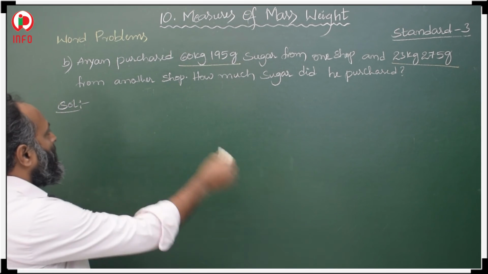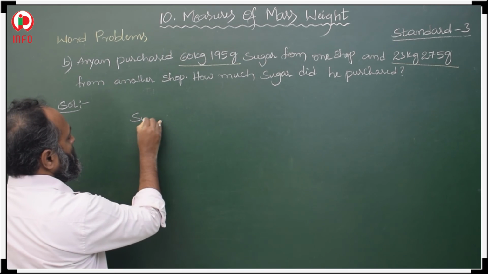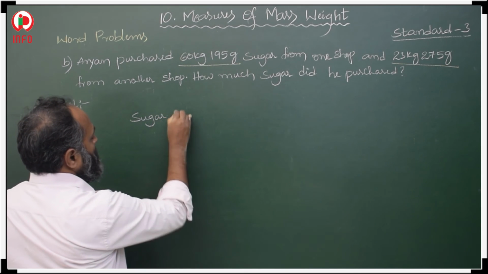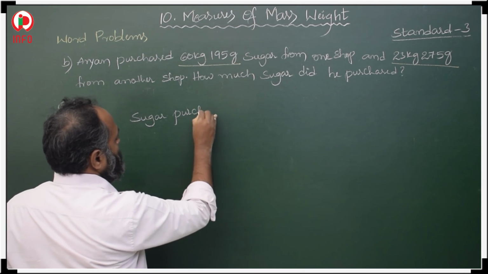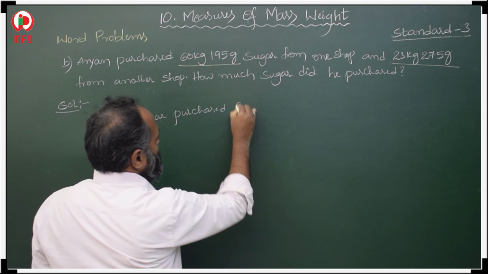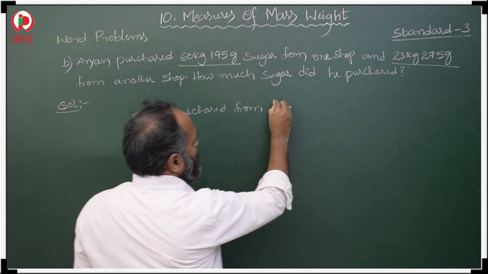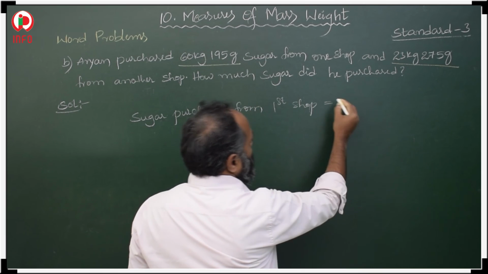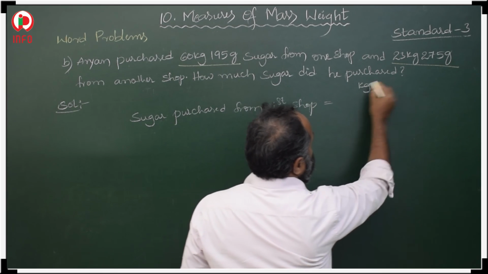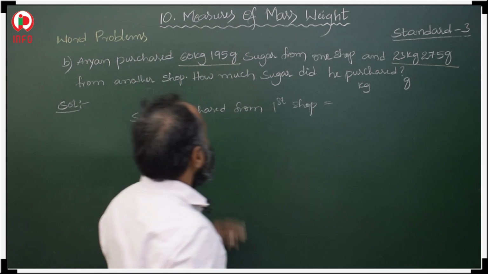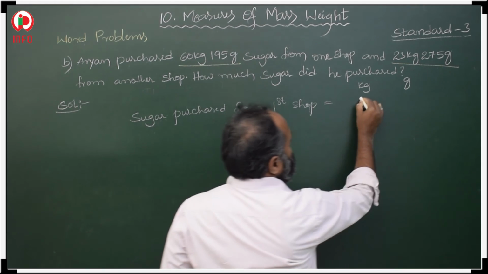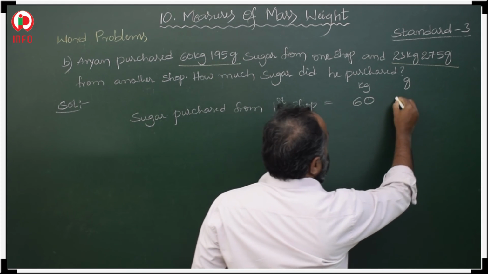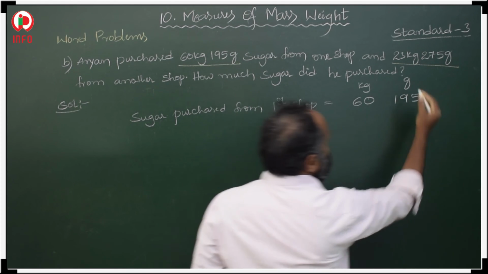Okay. Sugar purchased from the first shop. So here we have to take kgs and grams. How much kg? 60 kg 195 grams he purchased.